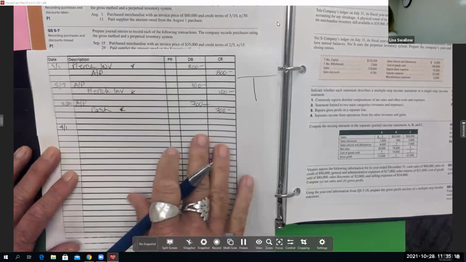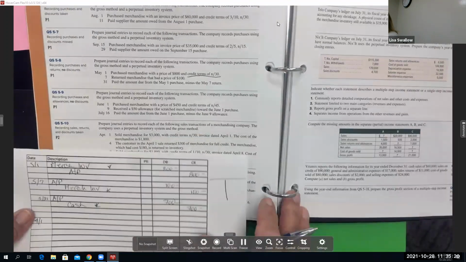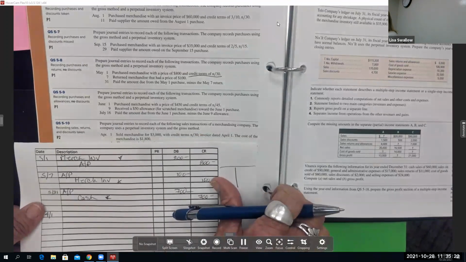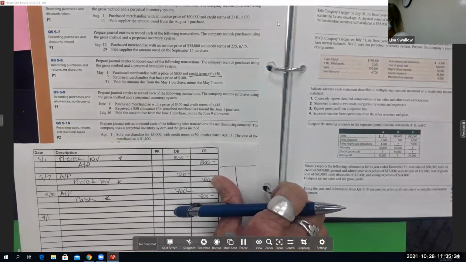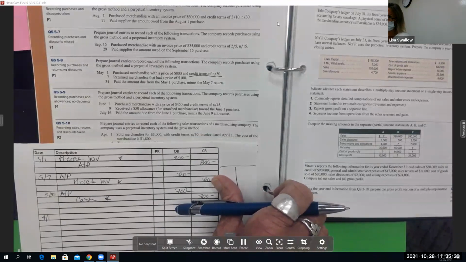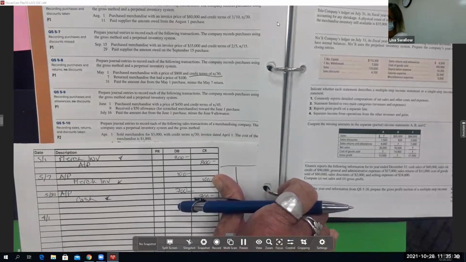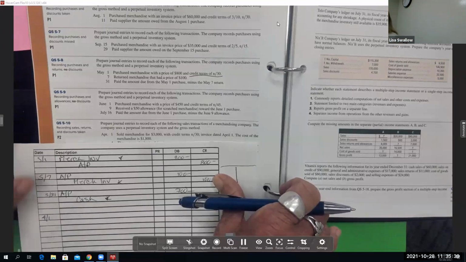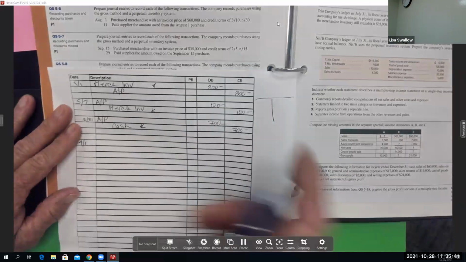Okay, start with the sale. Is that the amount that it was sitting in my inventory account at, or is that the amount that I sold it for? Okay, so what's my debit to if I sold it on credit? Accounts receivable.